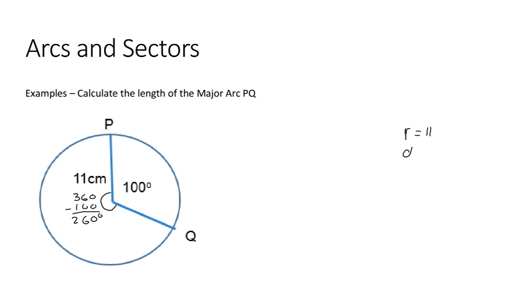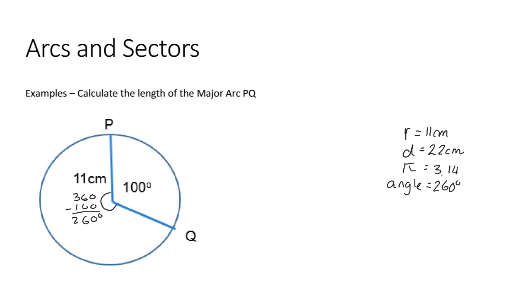So I've got the radius is 11 centimetres, which makes the diameter 22 centimetres. Pi is going to be 3.14. And my angle is 260 degrees this time.